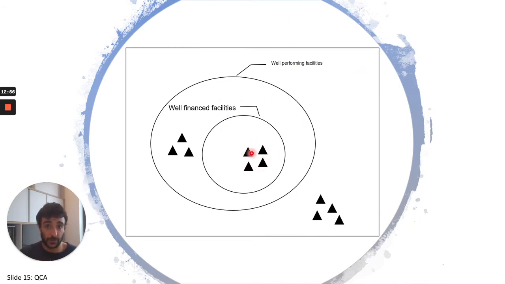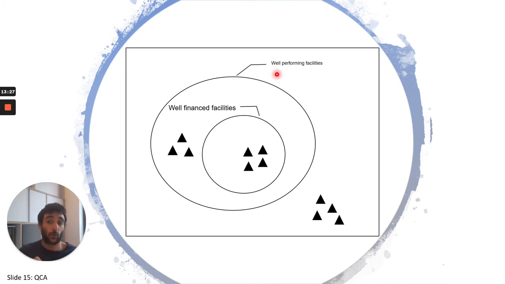Now, here is a small example with facilities. So here you see facilities that are well-financed and well-performing facilities. So these are two sets, well-financed facilities and well-performing facilities. Here, these facilities are not well-financed but well-performing, and these are neither well-financed nor well-performing. And we see that in this data set, it is necessary for a facility that wants to be well-financed to also be well-performing.